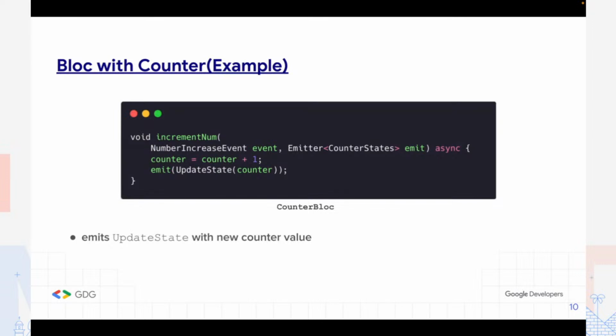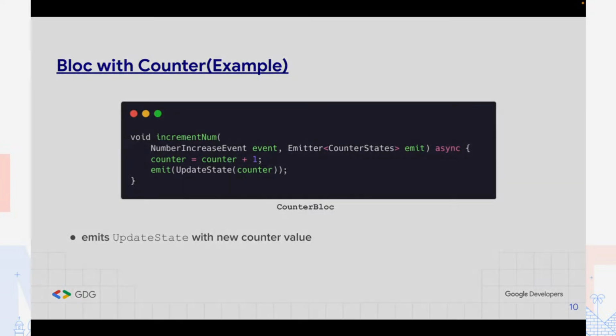So when the state is updated, it returns the most recent value. So that is what our increment function does. It simply increments the counter value by 1, and then update state is passed to update the current state of the app.